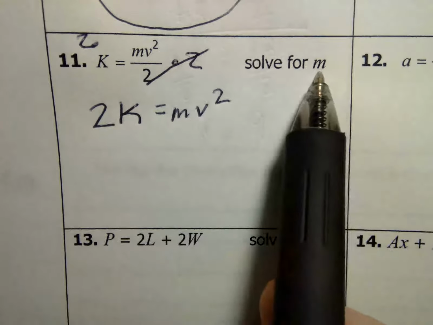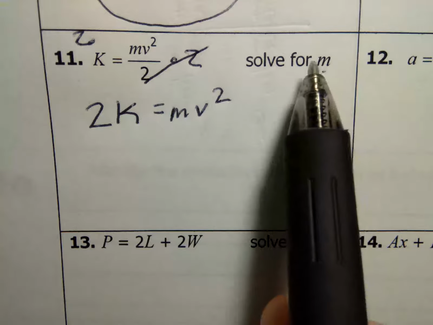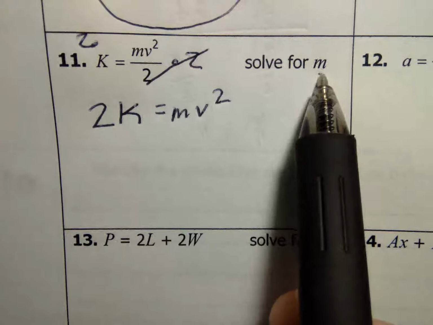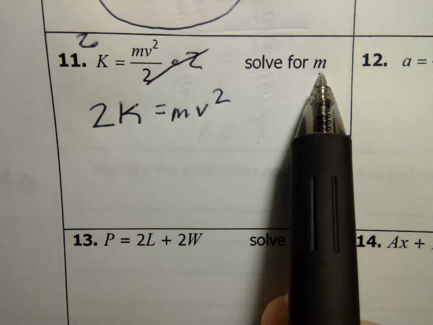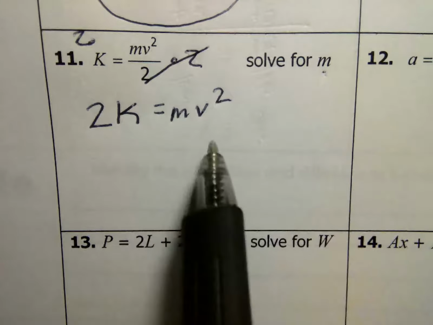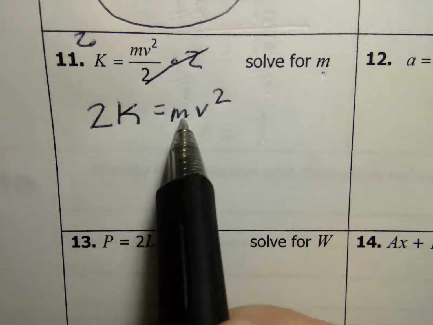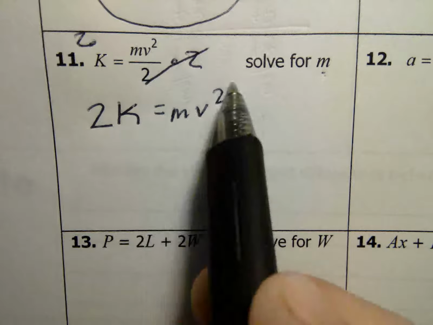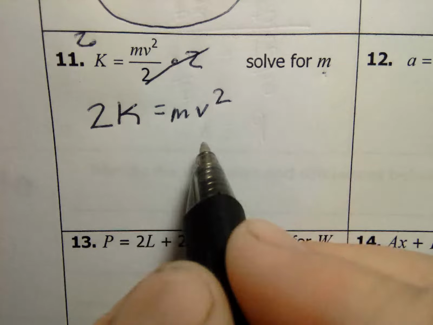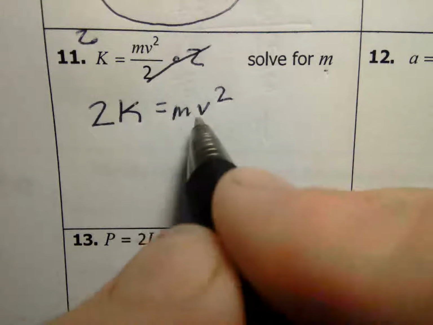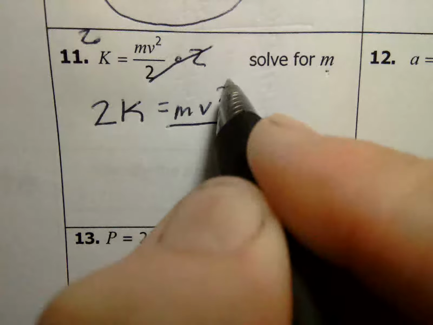I want M by itself. That's what I'm saying. It looks difficult, but it's not. Not divide by 2. I want M by itself. How do I get rid of this? Nope. Divided by what?